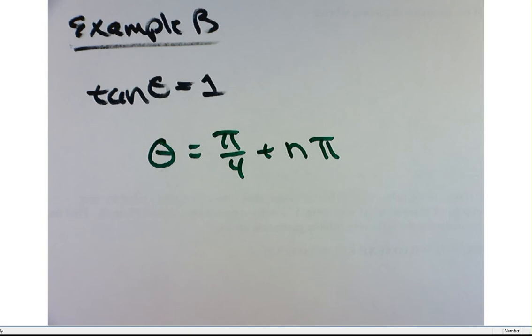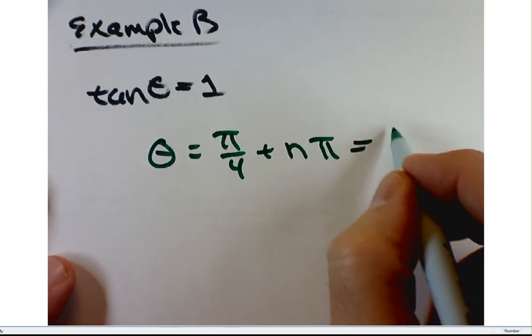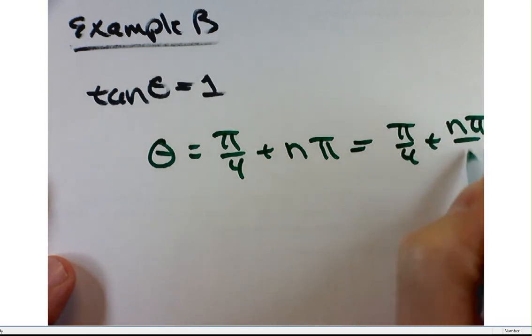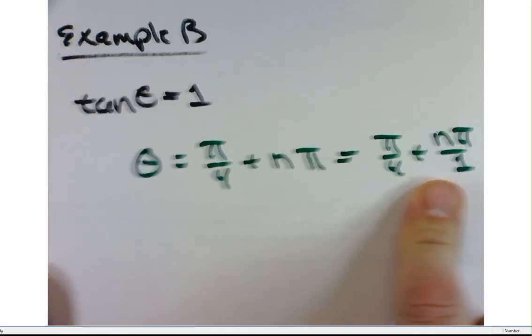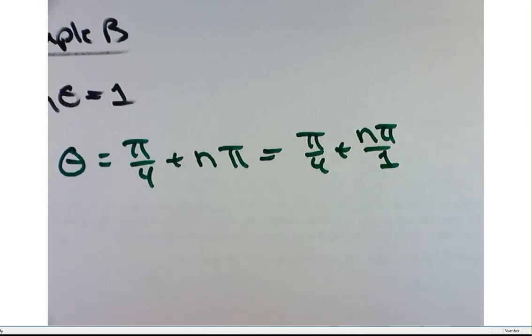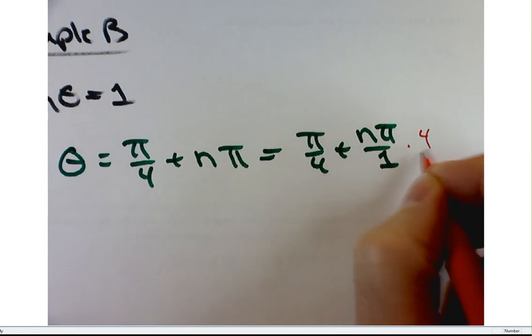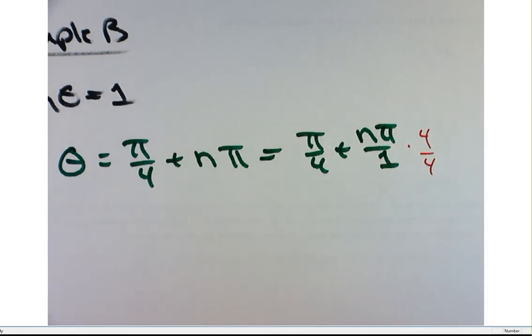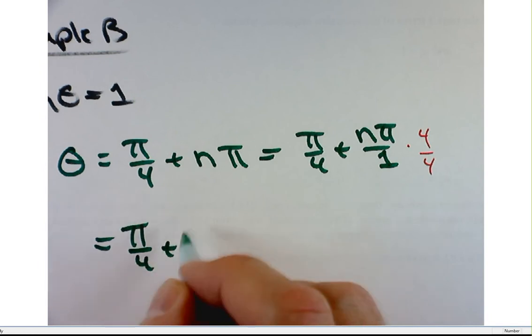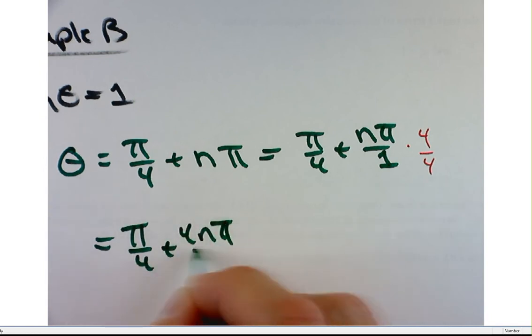Now I'll do a little repeat here for us on some of this stuff. Pi over 4 plus n pi over 1. If I wanted to get common denominators here, what do I need to multiply that by? Both by 4. Yeah, 4 over 4. So that's going to give me pi over 4 plus 4n pi over 4.